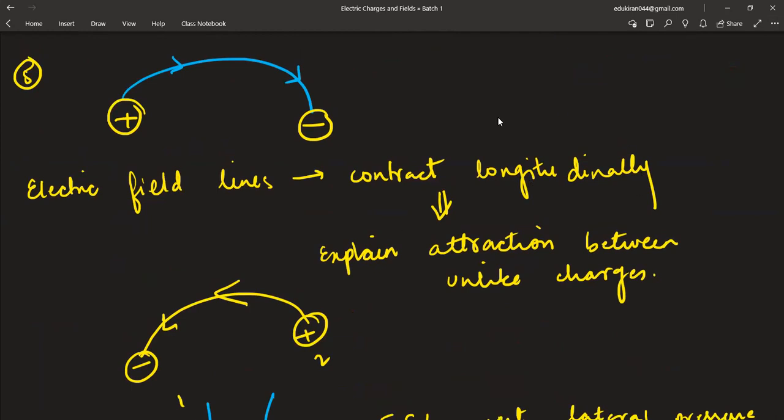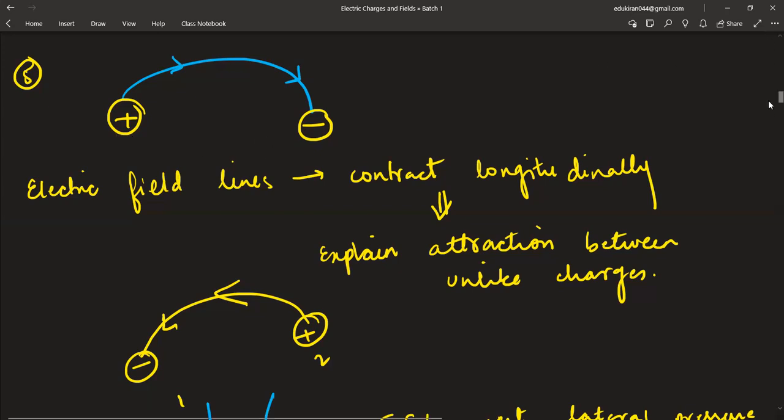Basically, it is just explaining that when two charges are unlike, they will attract each other, right? So what will happen? They will try to move towards each other. That is what they are signifying by contract longitudinally. Wherever you encounter this phrase, just understand it is explaining the attraction of charges. So definitely the charges are different in nature.